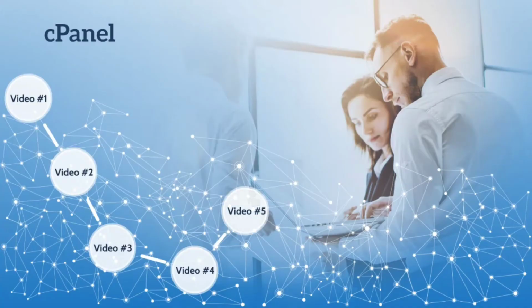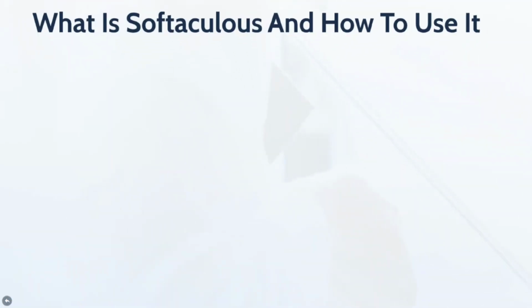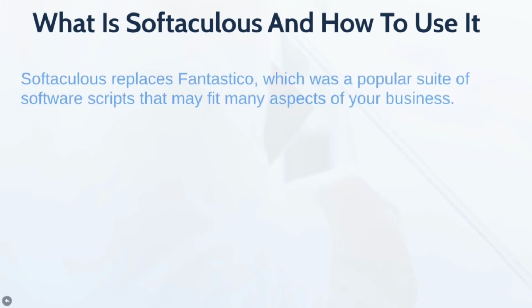Hello and welcome to video number 5, and in this particular video you're going to learn what is Softaculous and how to use it. Softaculous replaced Fantastico, which is basically a popular suite of software scripts that you can build into your website. Things like WordPress, Joomla. If you want a forum, you can build forums.